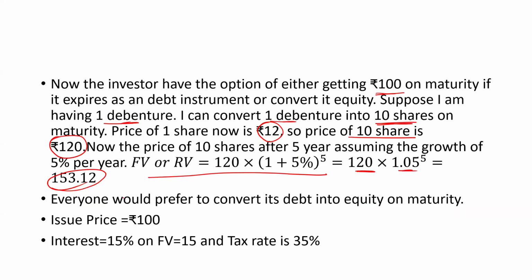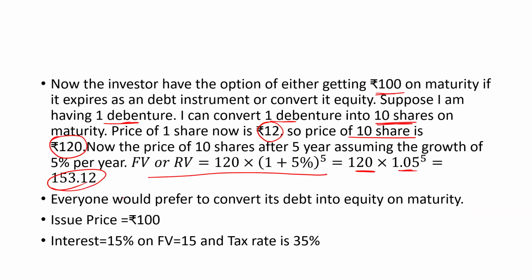So it makes more sense to convert the debt into equity on the maturity, because you are getting a redemption value of around 153.12. If you consider that you will hold it like a bond, then you are getting 100 rupees on the maturity. Your redemption value would be 100 rupees.